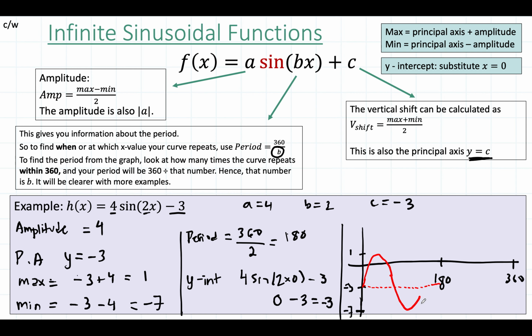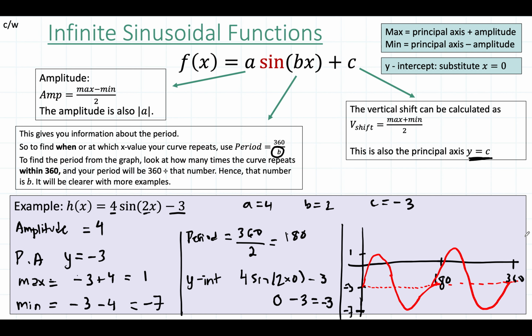So I should have stretched my graph a bit more. And then it repeats again, up, down to -7, and then back to this point again at 360. It's a sketch, so it doesn't have to be as accurate.